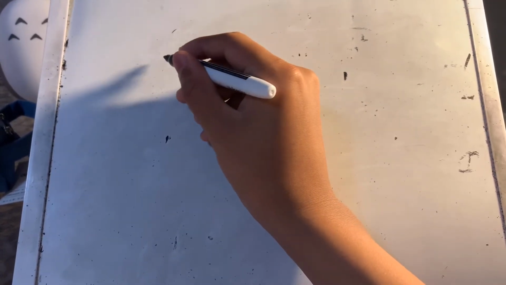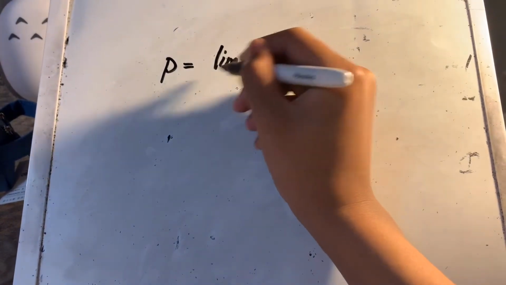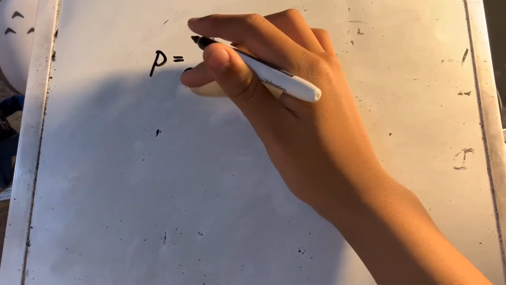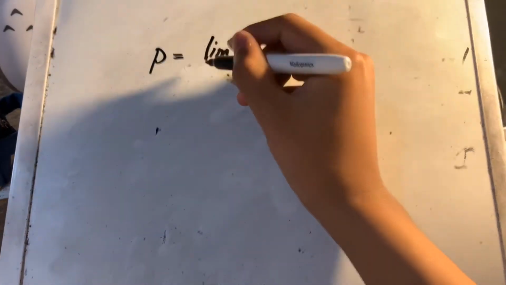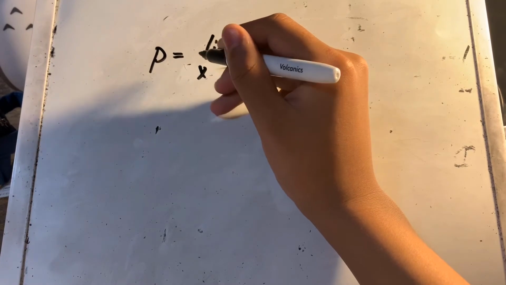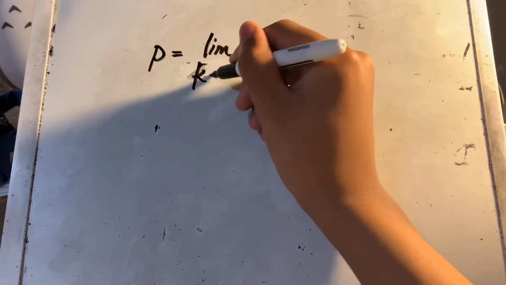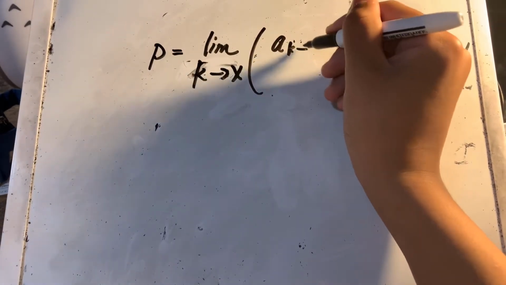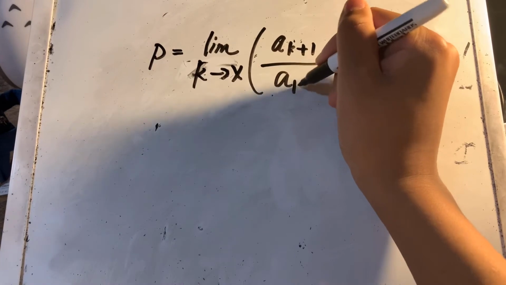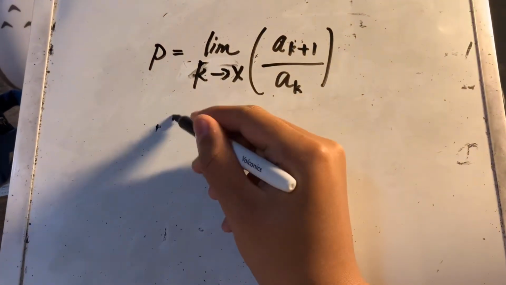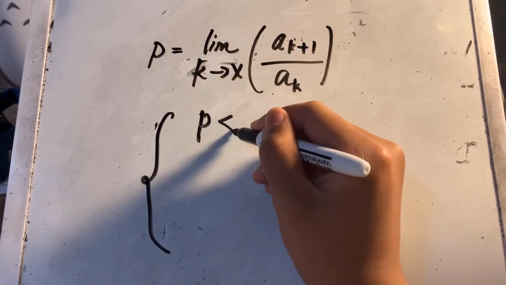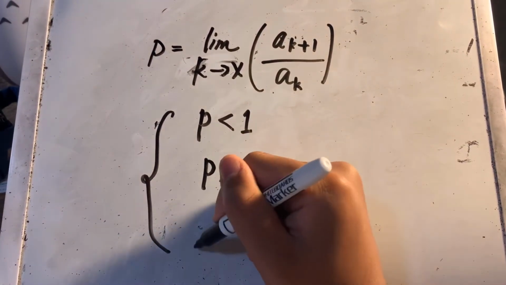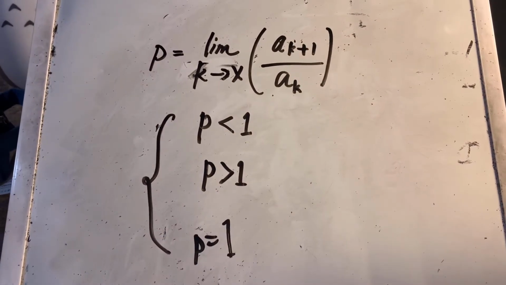So the ratio way is based on this, AK plus 1 divided by AK, and you are going to divide it into three cases: P less than 1, converge; P more than 1, diverge; P equal to 1, it is inconclusive.